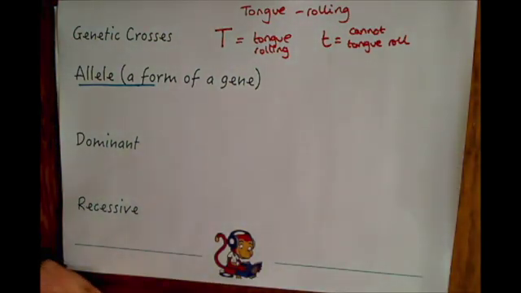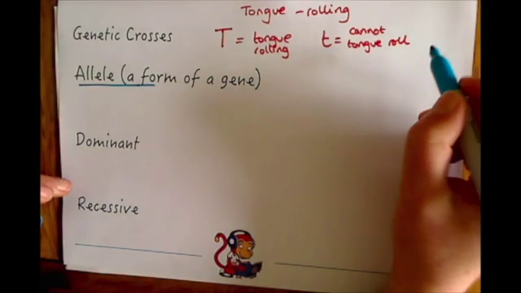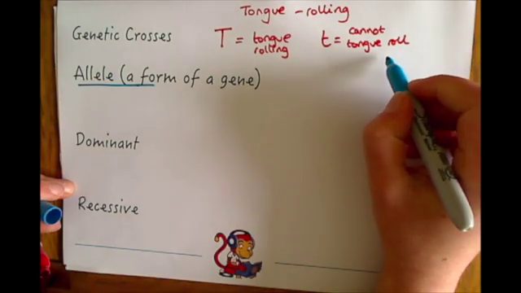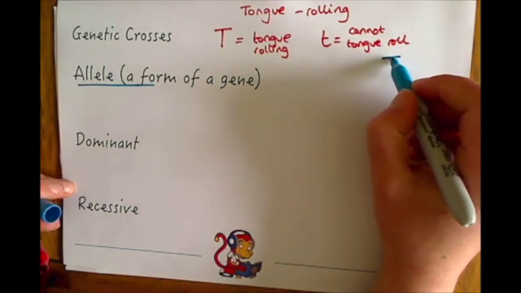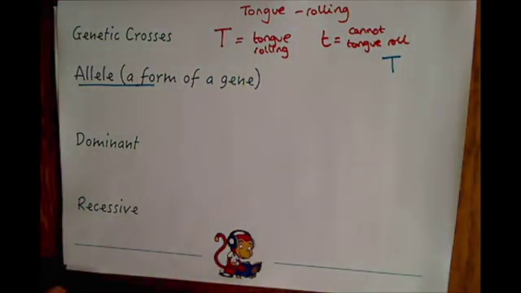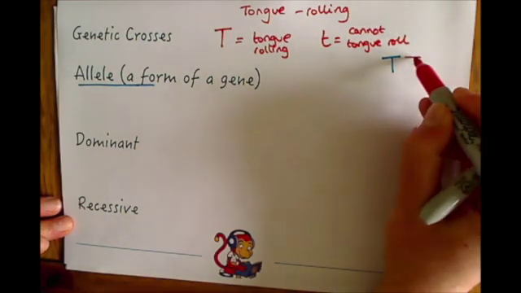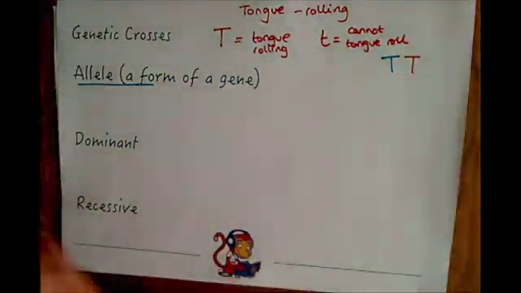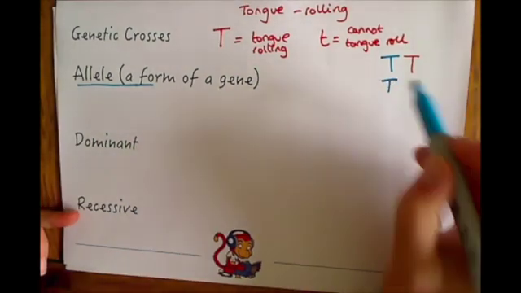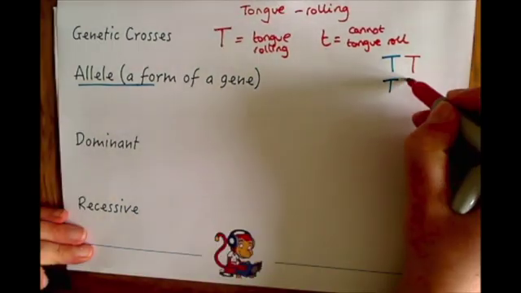So let's just quickly think about it. There's several different combinations you could have. Your father, for example, could give you the capital T, and your mother could also give you the capital T. That's possible. Your father could give you the capital T and the mother the lowercase t.